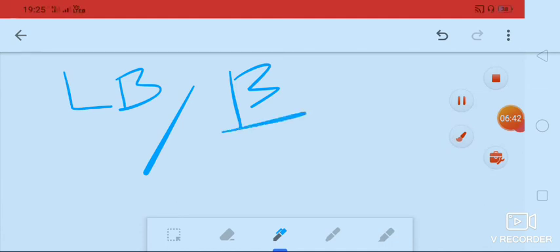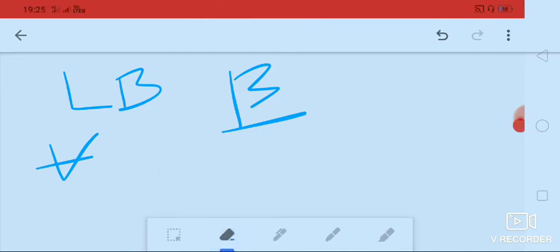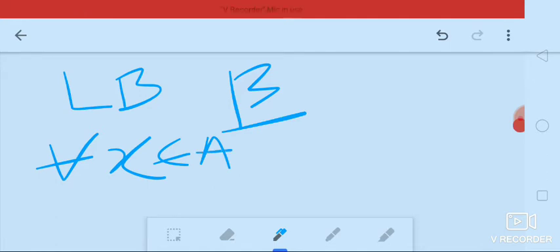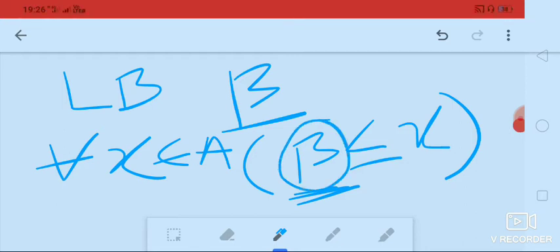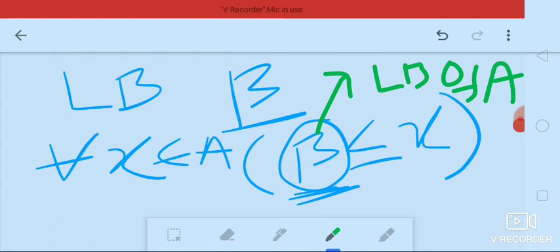If every element of A is greater than or equal to beta, then we say that this beta is a lower bound of A.